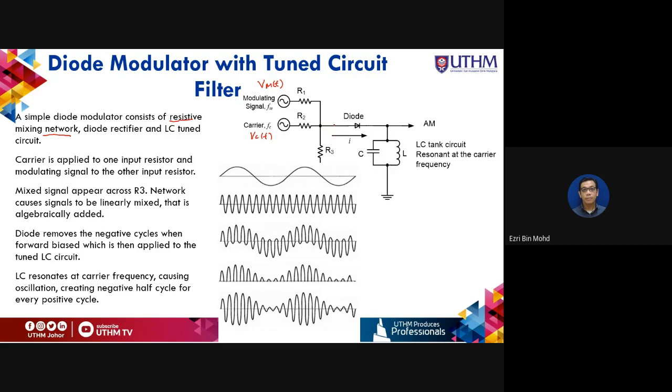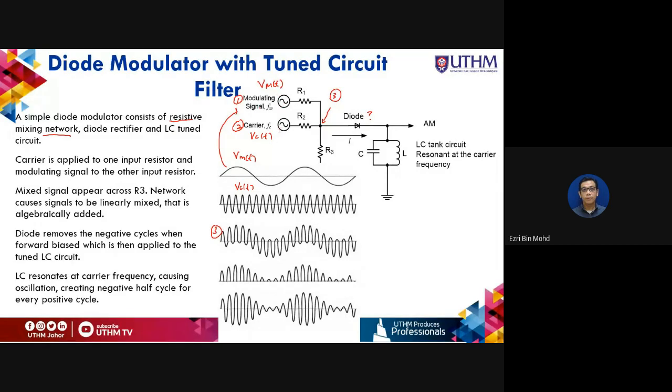Here the signal will travel to the diode. What is the function of the diode? Here is vm(t), seen from this point. Here vc(t) is seen from this point. So point 1 here, point 2 here, and point 3 here, we could see at this point, the mixed modulating signal and carrier signal.